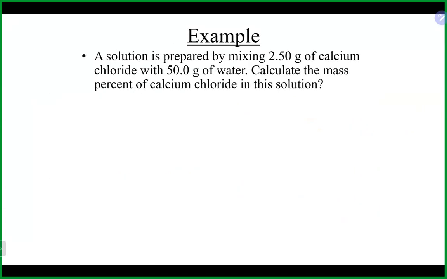All right, so let's try one here. A solution is prepared by mixing 2.5 grams of calcium chloride with 50 grams of water. So we're looking for the percent mass to mass, which again is the mass of the solute divided by the mass of the solution times 100%.